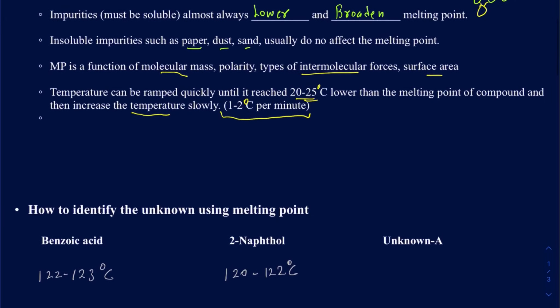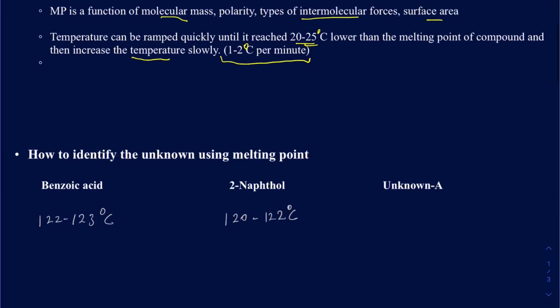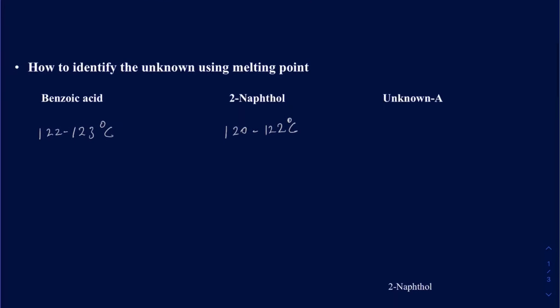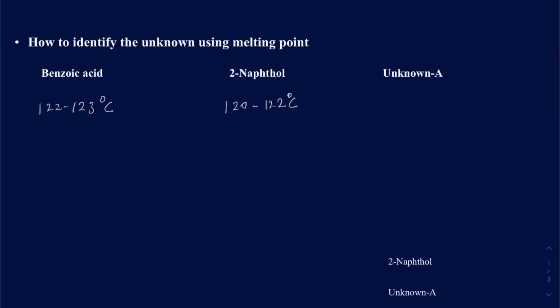How do you really use melting point to figure out an unknown? Suppose I have these two compounds. One of them is benzoic acid, which has a melting point of 122 to 123. Then I have 2-naphthol here, which melts at 120 to 122 degrees Celsius. So they both have about the same melting point, obviously different compounds.